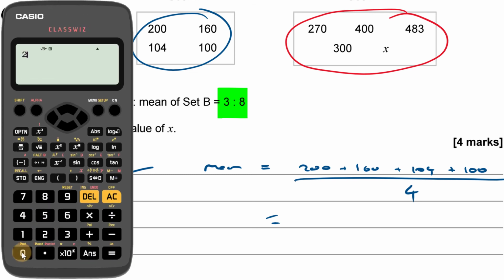So calculator, 200 plus 160 plus 104 plus 100. Don't forget, anything you type into your calculator, make sure you've written down on the paper. Divide that by 4, comes out to be 141. Okay, so the mean of set A is 141.